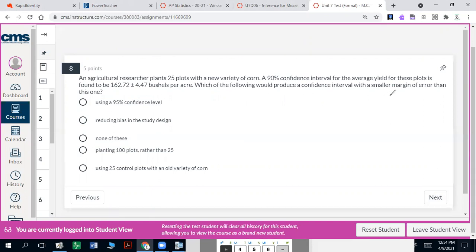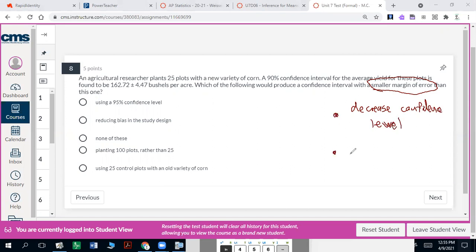All right, a smaller margin of error can be gotten a couple different ways. First, we can decrease the confidence level. Lower confidence level, smaller margin of error. That's one way.